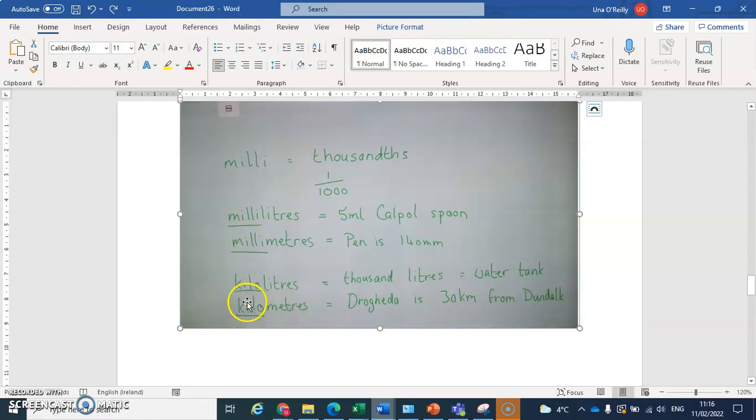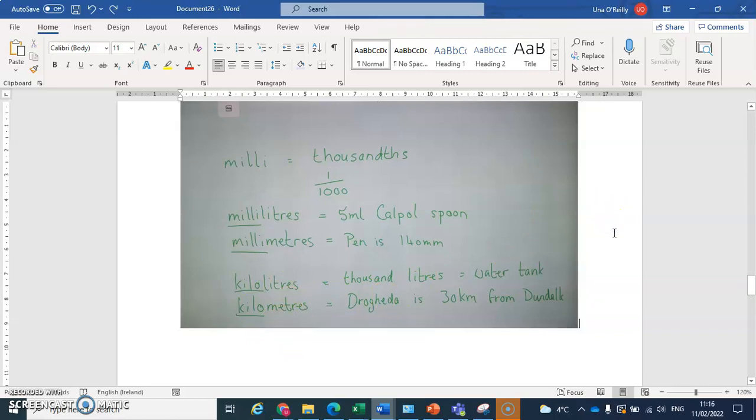So when we want to describe a measurement as 1,000 something, we use kilo. If we want to describe it as 1,000th of something, we use milli. So milliliters is 1,000th of a litre. Kiloliter is 1,000 litres.